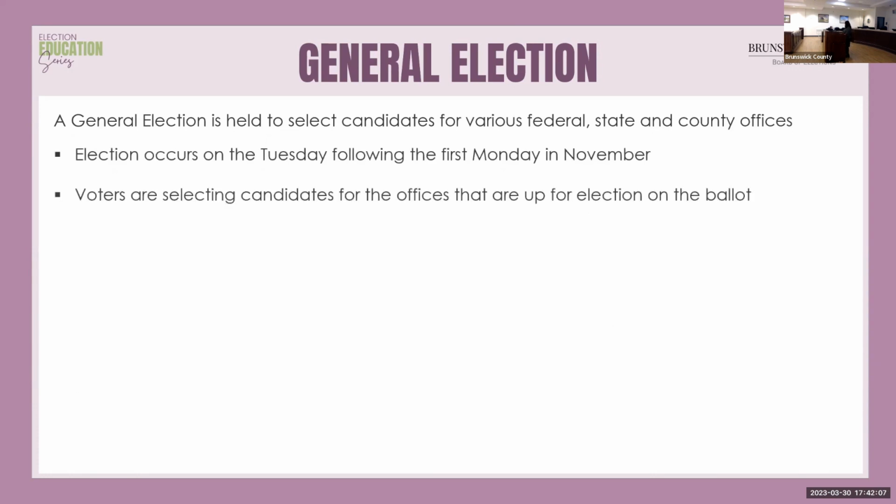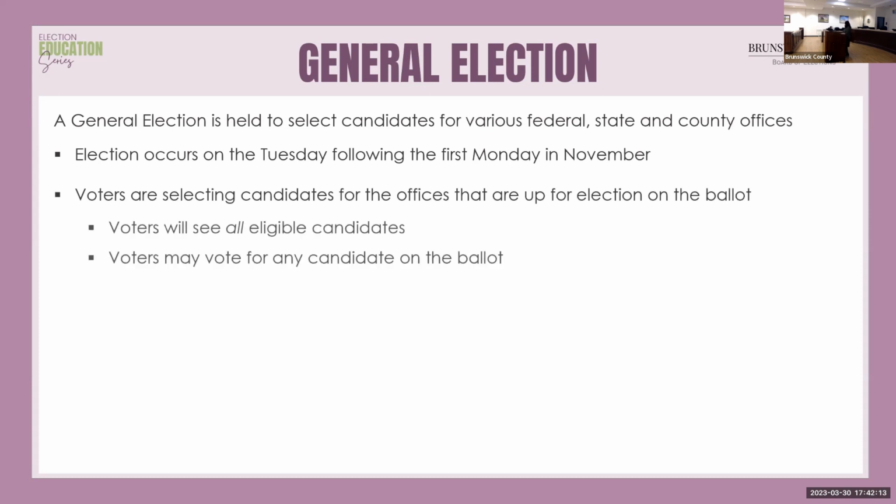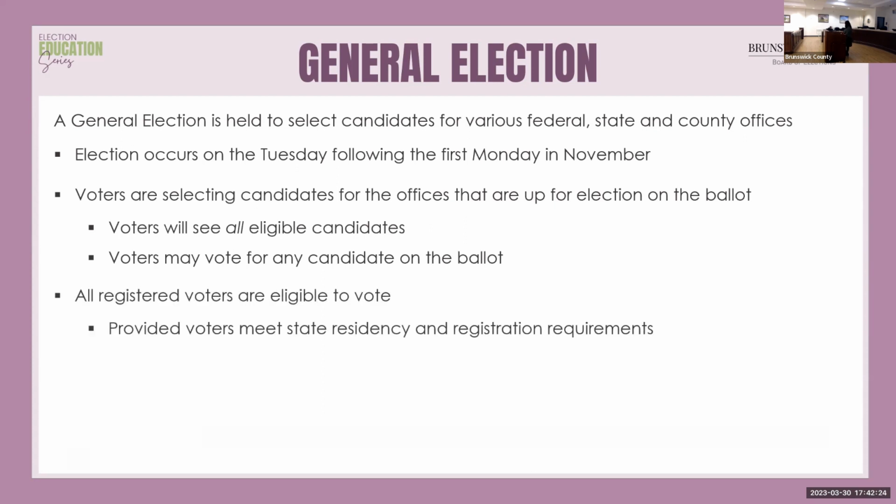Voters are selecting candidates for the offices that are up for election on the ballot. The ballot will list each candidate's party affiliation, and voters may choose any candidate regardless of their own party affiliation. Again, all registered voters are eligible to vote in a general election, provided the voter meets state residency and registration requirements.